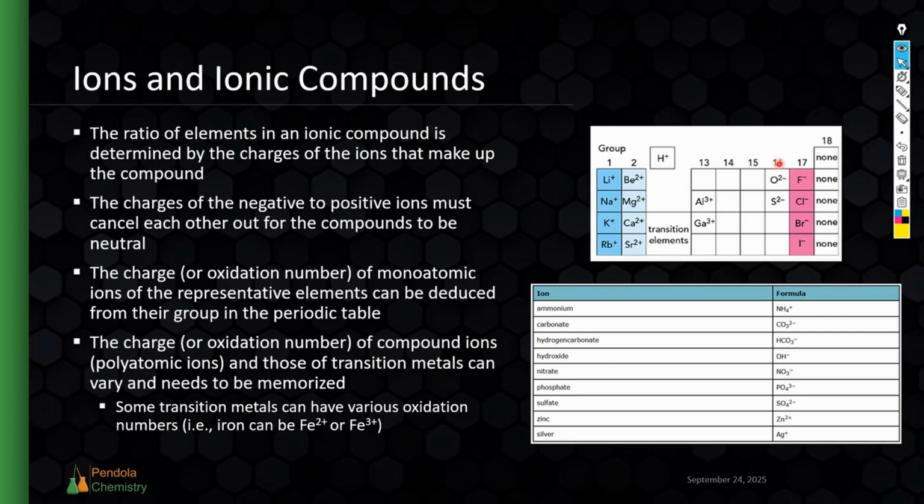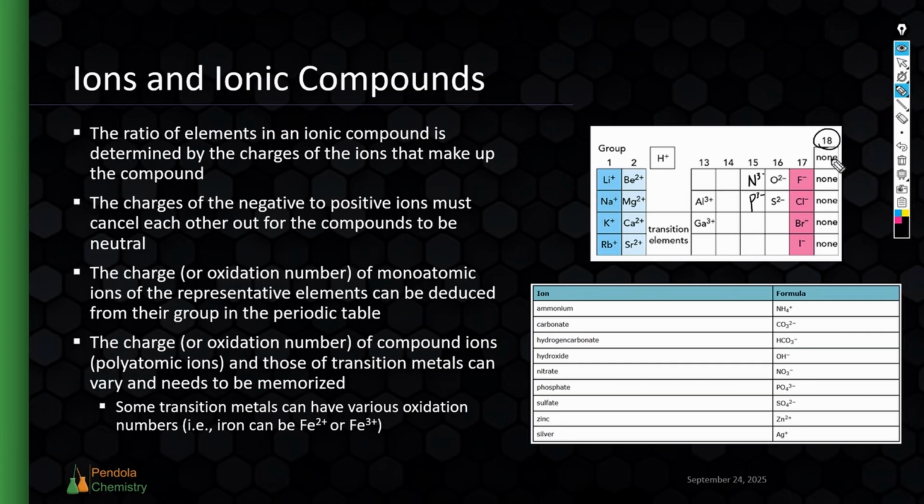And also not shown here, group 15 elements will have a -3 charge. So I believe this is nitrogen, this will be N3-, this will be phosphorus, which is P3-, so on and so forth.